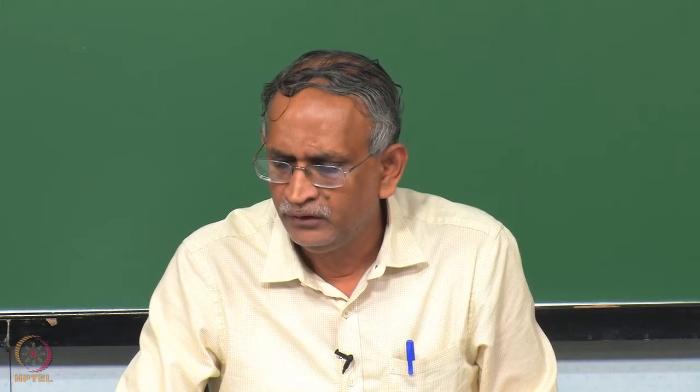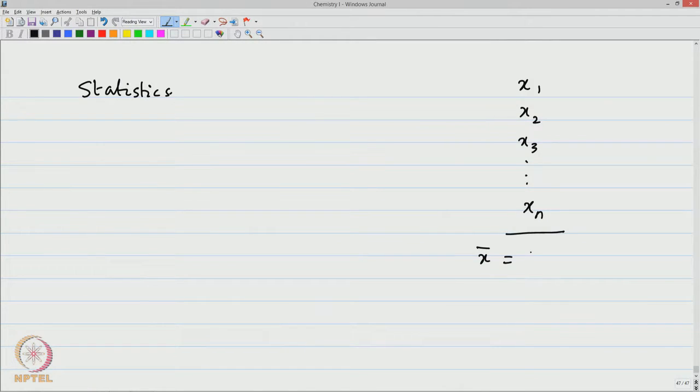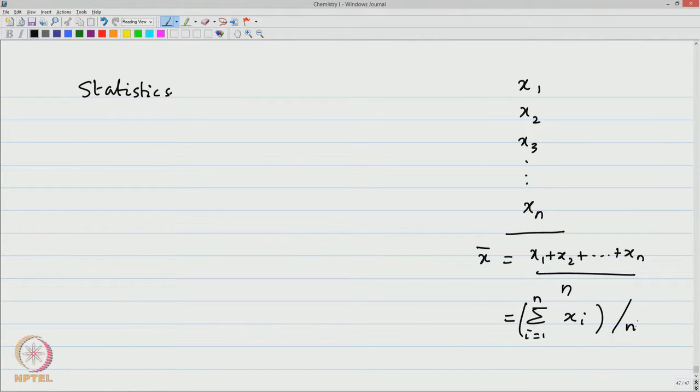What is the average? The average x bar is x1 plus x2 plus xn by n, which we can write in the summation notation as sum over i equal to 1 to n of xi divided by n. That is the average.